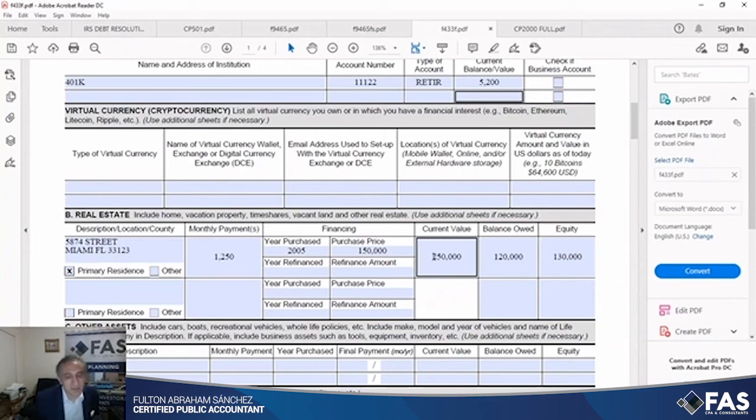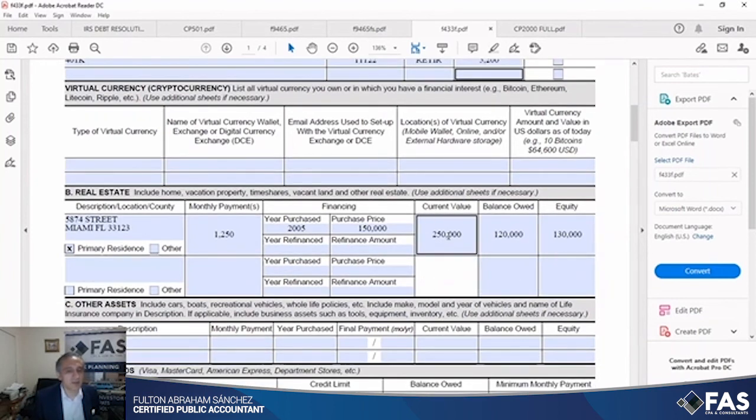But this is one of the problems for homeowners when applying for an offer in compromise, or applying for a reduction of the debt, or applying for a payment of a lower amount than they are supposed to pay, the amount of the debt divided by 72. Then this is one of the first things that the IRS will check.